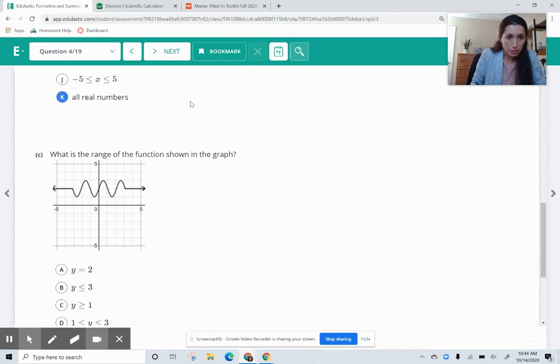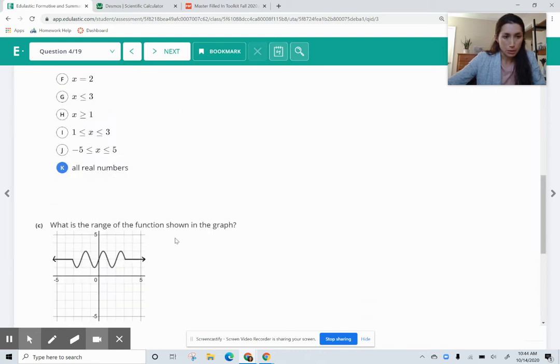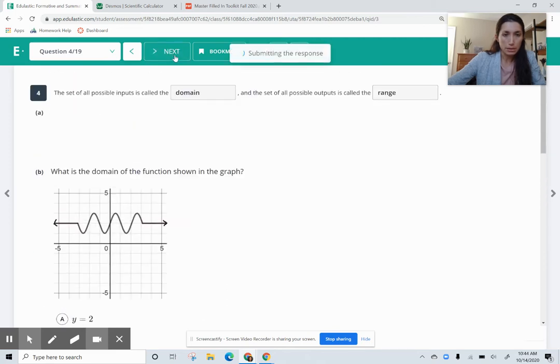Well, there we go. So we've got here the highest point of the y is at 3. The lowest point of the y is at 1. So that means it's between 1 and 3. So if I go to my graph and I know it's on the y-axis, I would say, okay, it's between 1 and 3. So I'm going to select question D. Great. Go next.